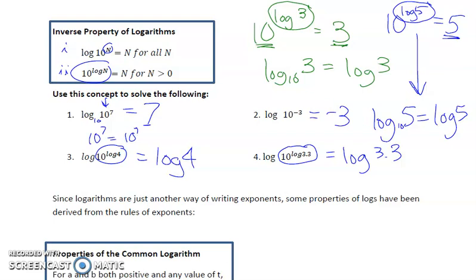The log of 4 is about 0.602, and the log of 3.3 is approximately 0.519. So again, anytime I can get the problem simplified so it's a log of some number, I can use my calculator to figure out that answer.